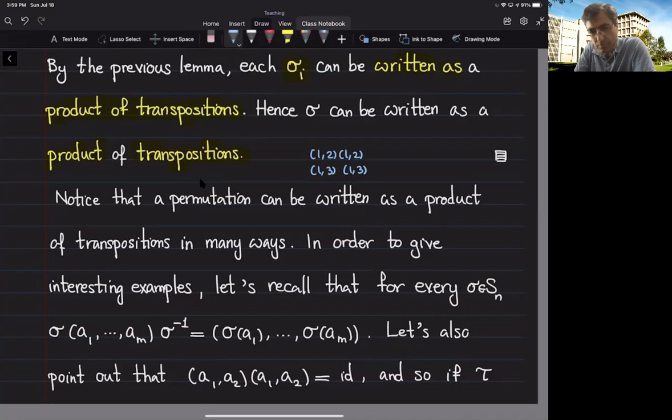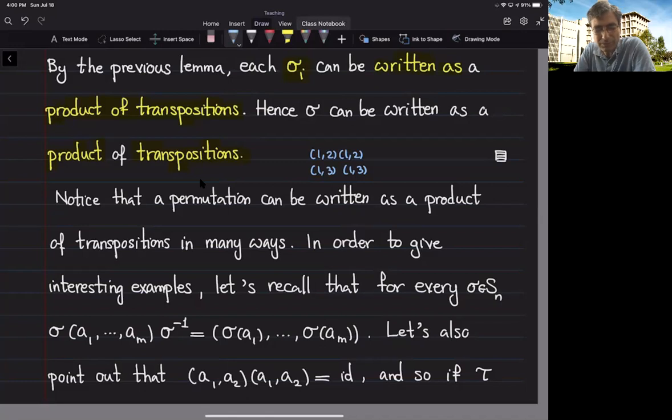And the reason that we can do it is not simply because I'm repeating a transposition again and again. In order to show you a non-trivial example of this type, let's recall how we can conjugate a cycle, and then we'll come back and provide an example for writing a transposition in two different ways.